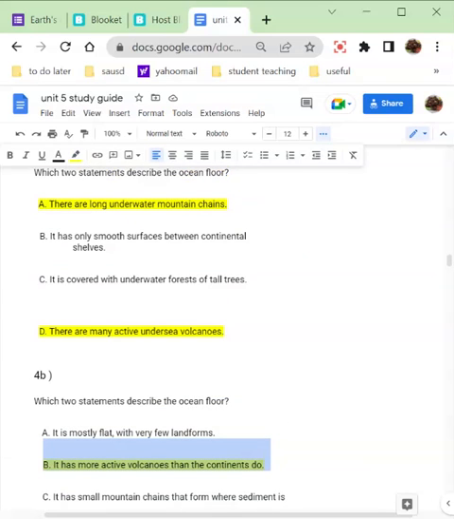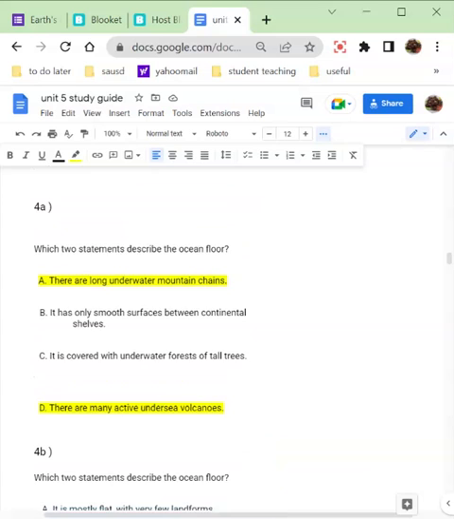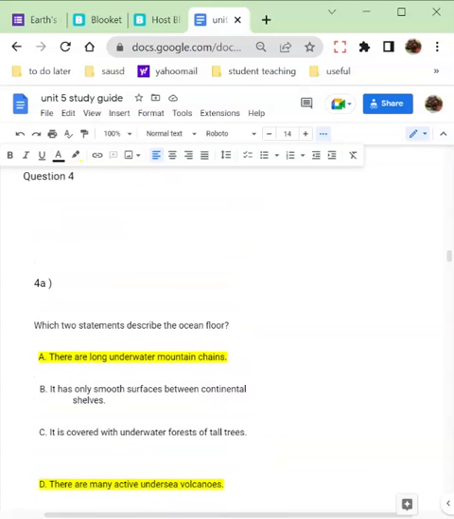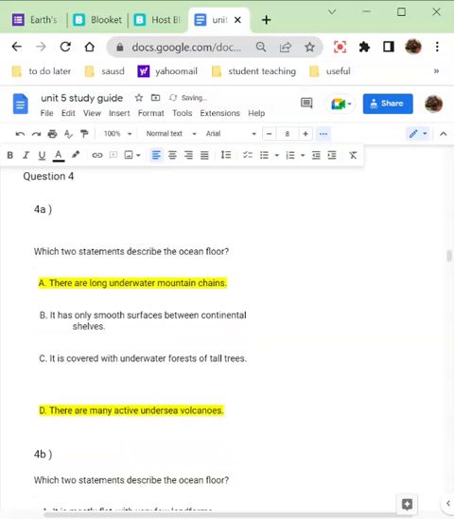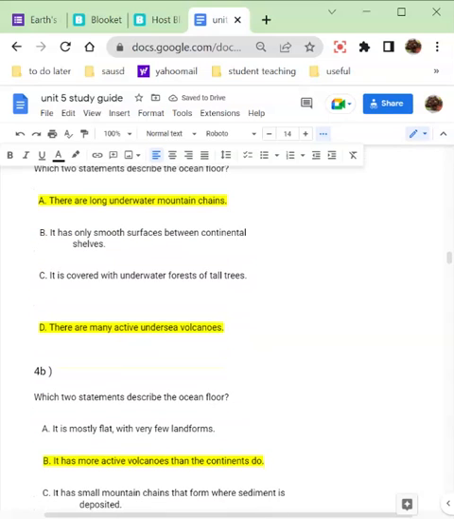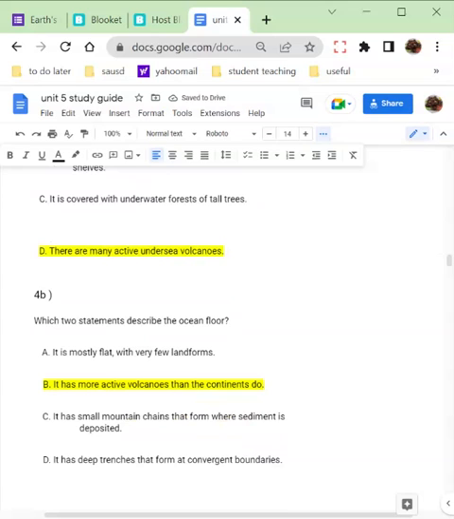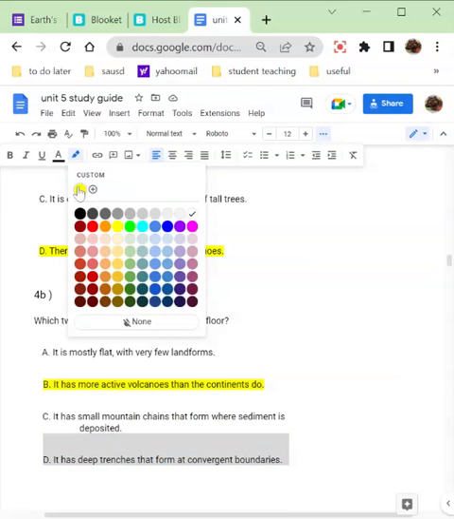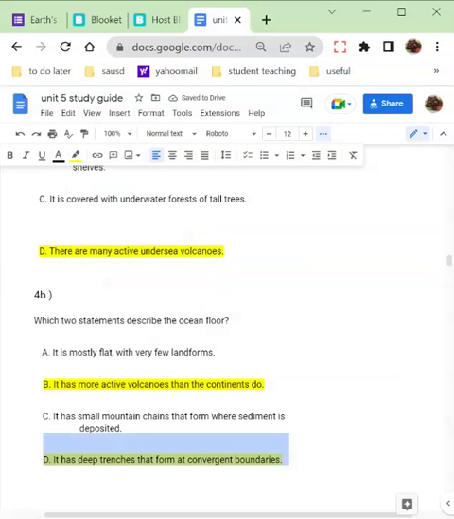And there are deep trenches. Remember when plates converge at boundaries, they collide together and that creates a little hole. That forms the deep trenches.